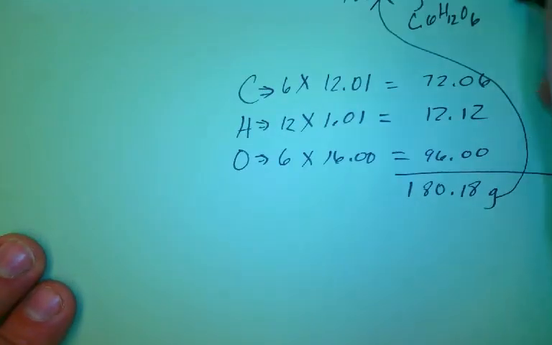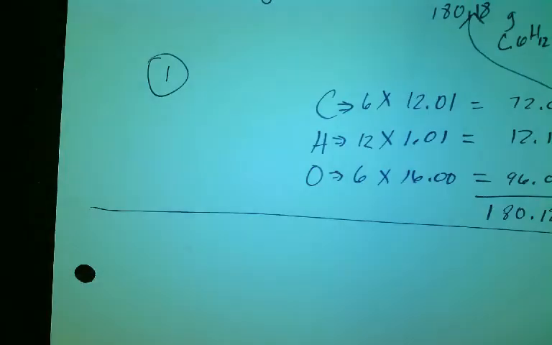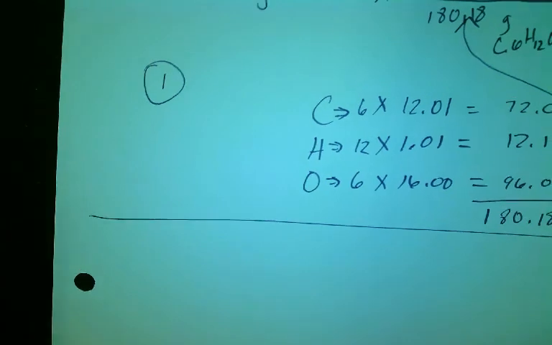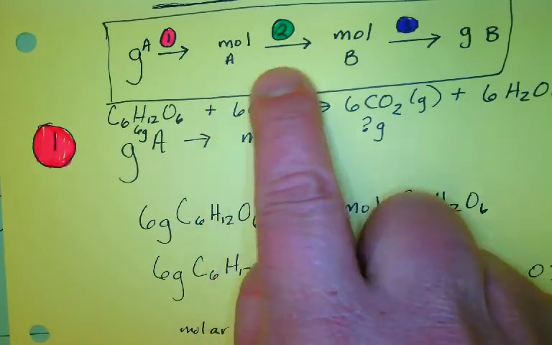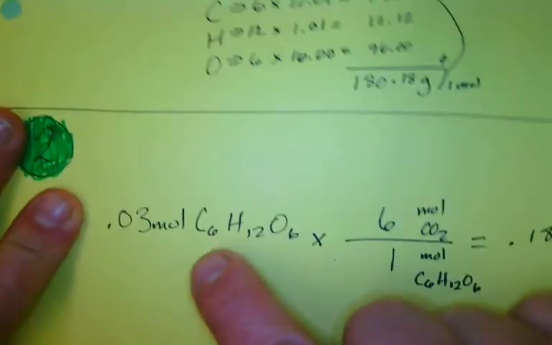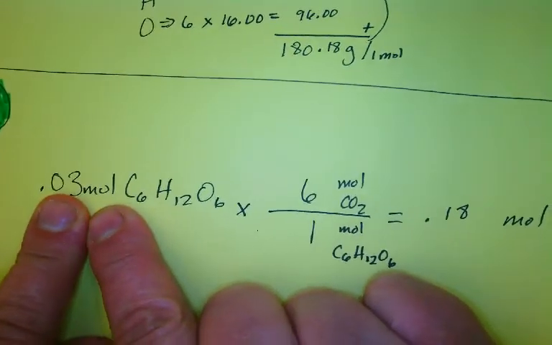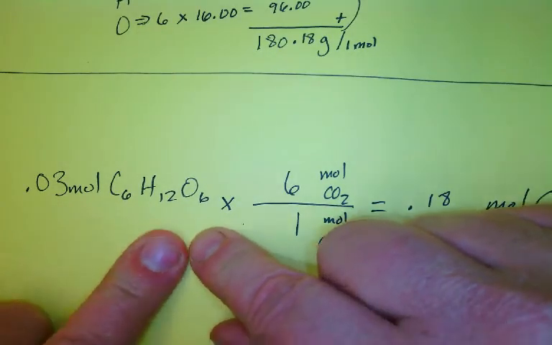So then I'm going to take this answer and I will go to part 2. Part 2 is going to be green because I'm going to go from moles of A to moles of B. So I'm going to take my answer from part A, and that's going to be the starting point for the second problem.